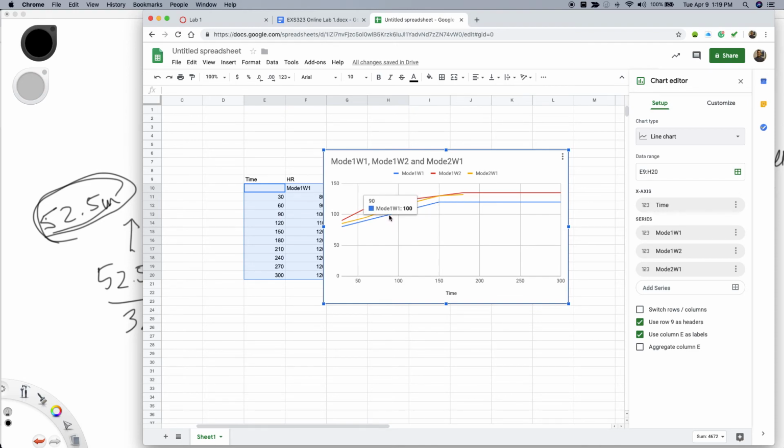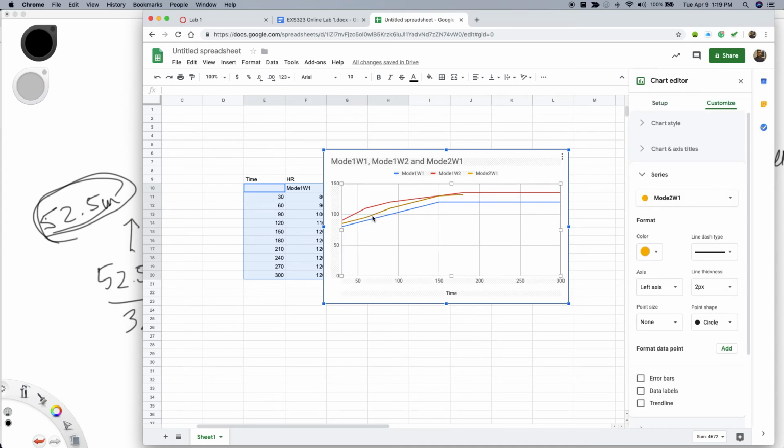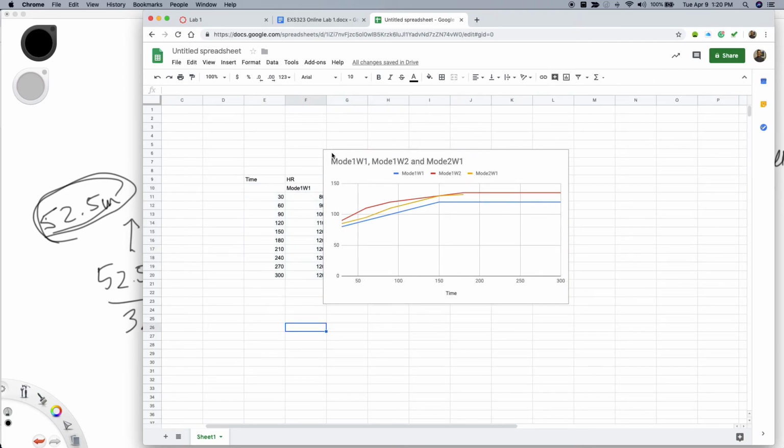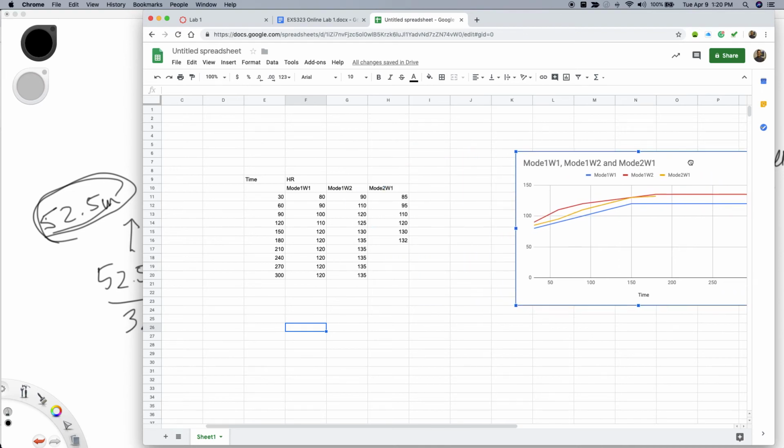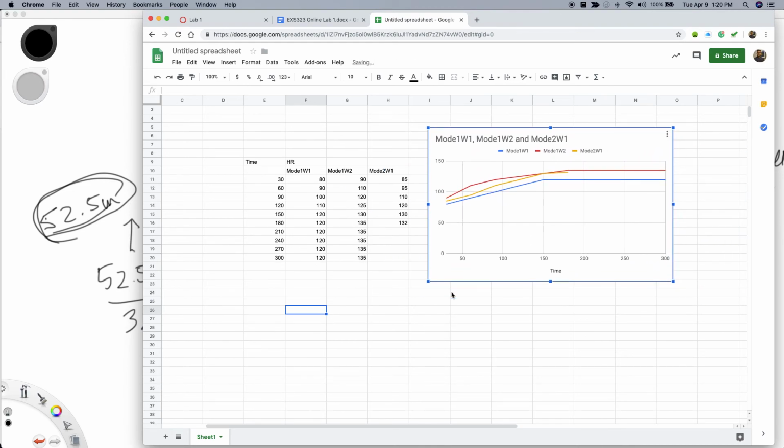Okay? So another thing would be, another graph that you could do for this lab, for example, is if you wanted to display average heart rates across the different conditions. So all you would do is take your data sheet here and say average, okay? And then equals average those, and then equals average these.